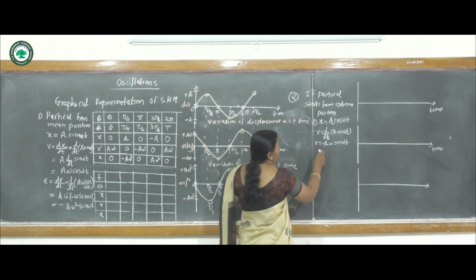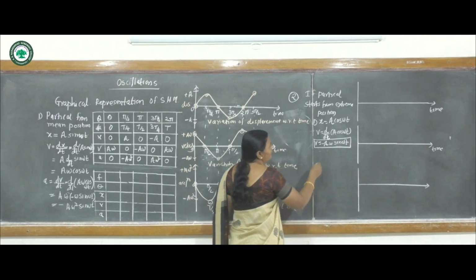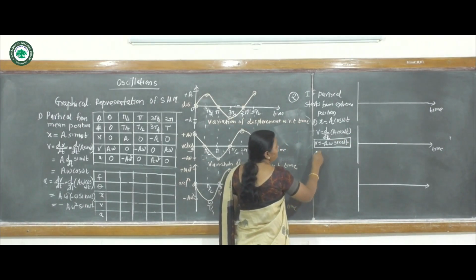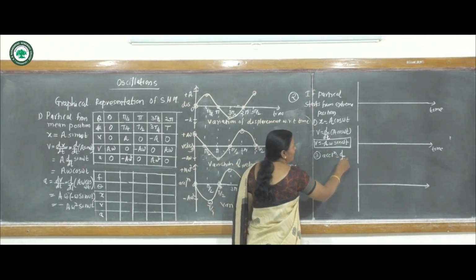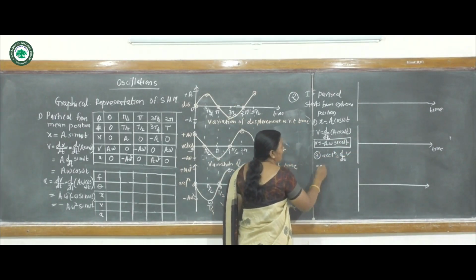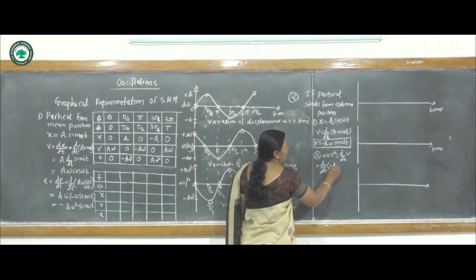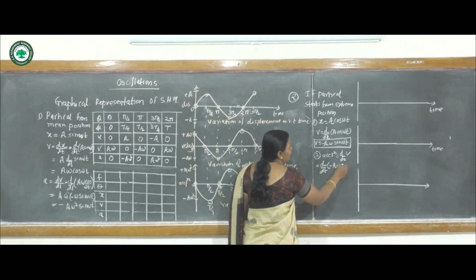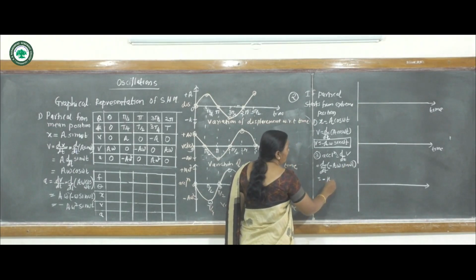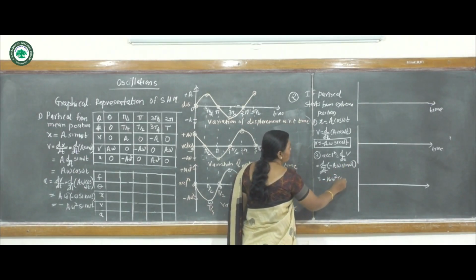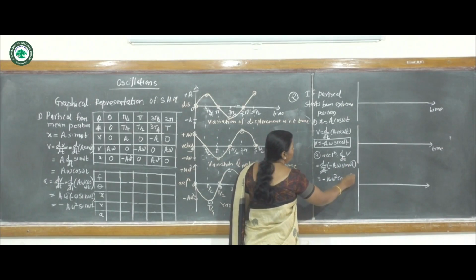This is the value for velocity. Now the acceleration is the rate of change of velocity, that is d by dt of velocity, which is d by dt of minus a omega sin omega t, and it becomes minus a omega square cos omega t.